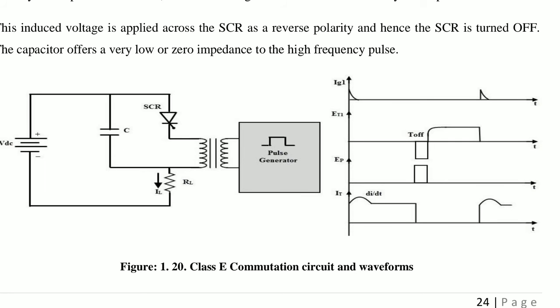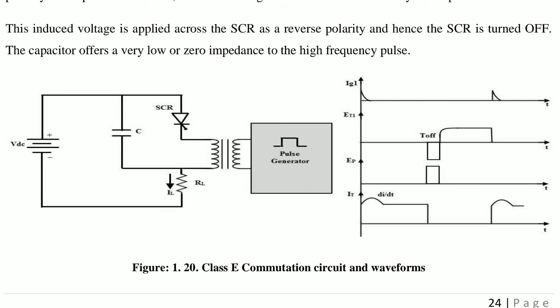So please remember this working principle of class C commutation, which totally depends upon the pulse generator and the reverse voltage applied across the SCR through this pulse transformer.